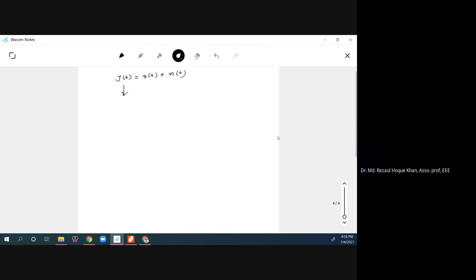Sorry, the yt received signal is passed through a match filter having a response ht equal to p, we know, for maximum signal to noise ratio, pt minus tau, right? Probably, let me check.